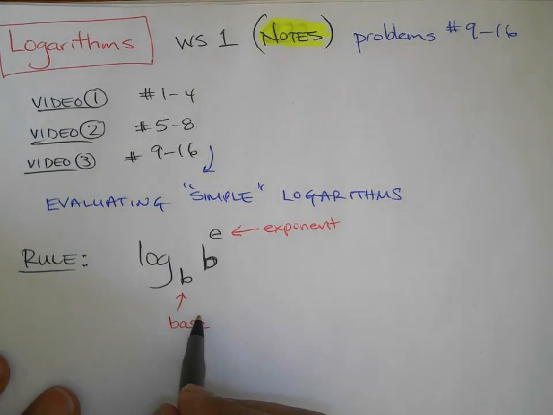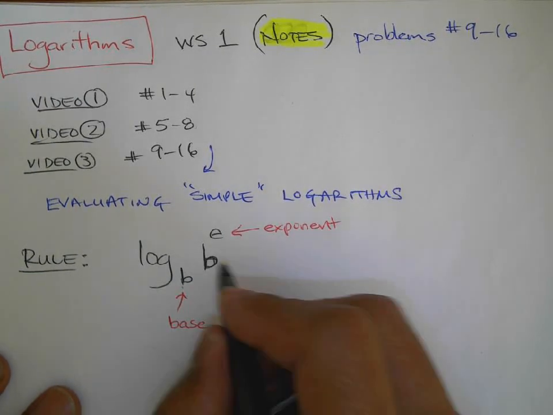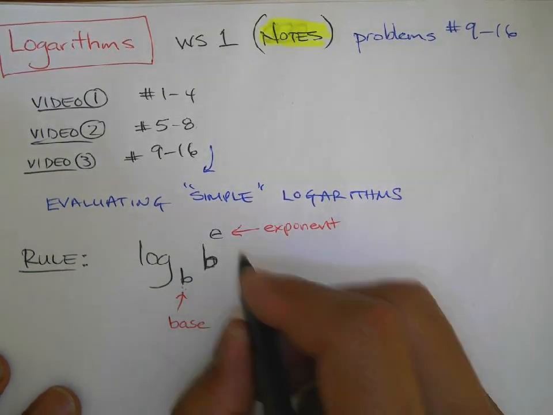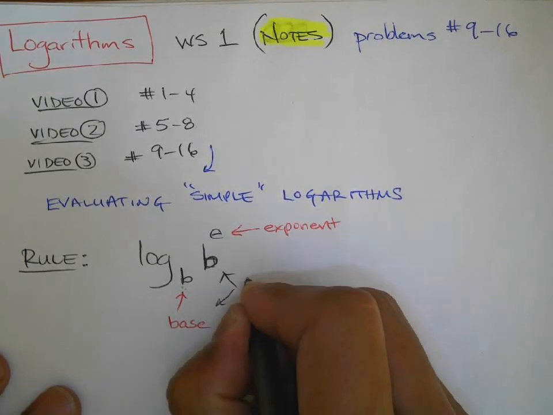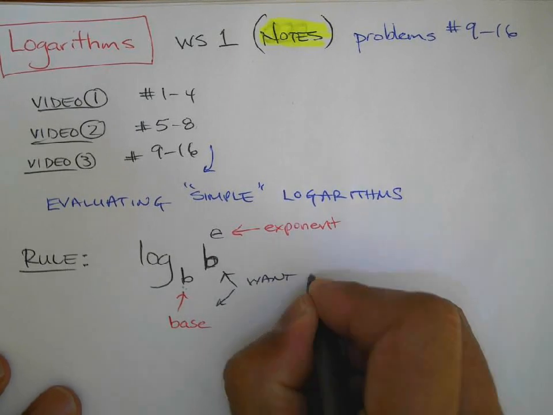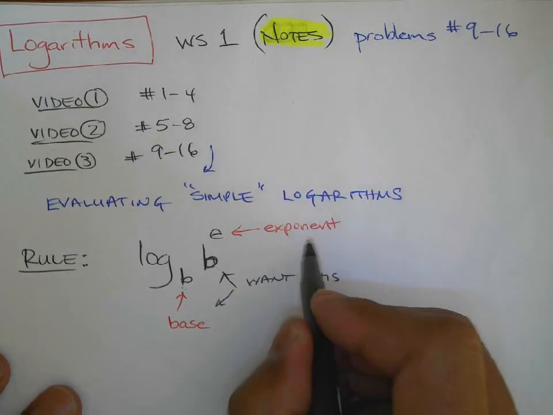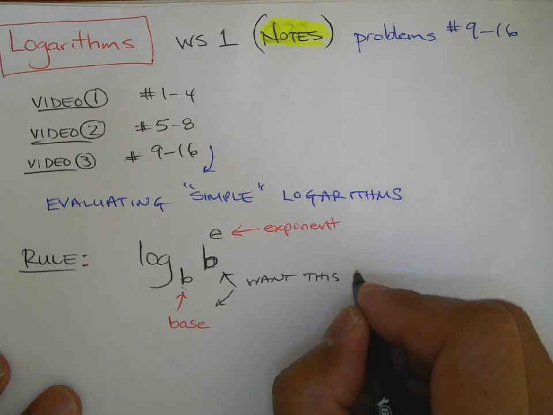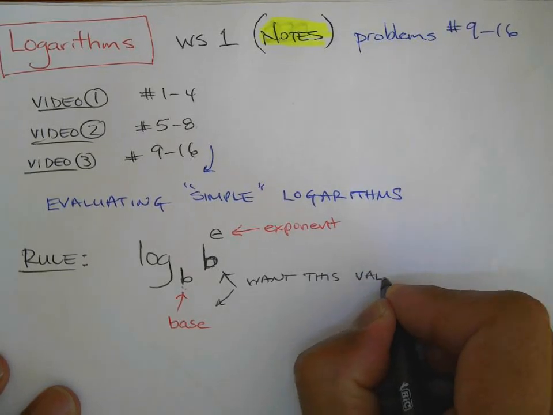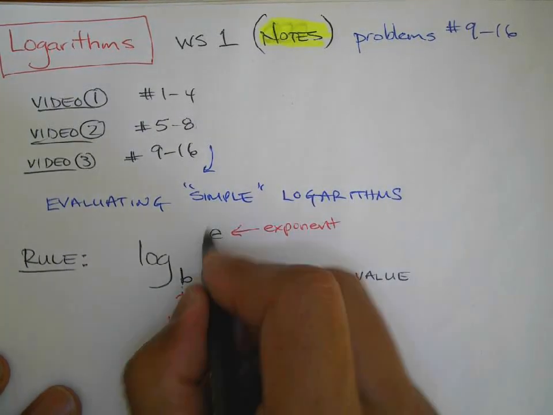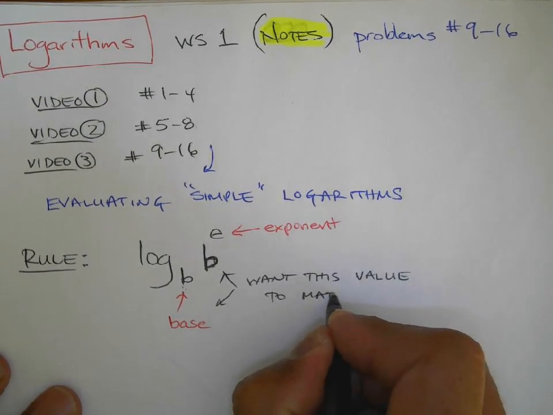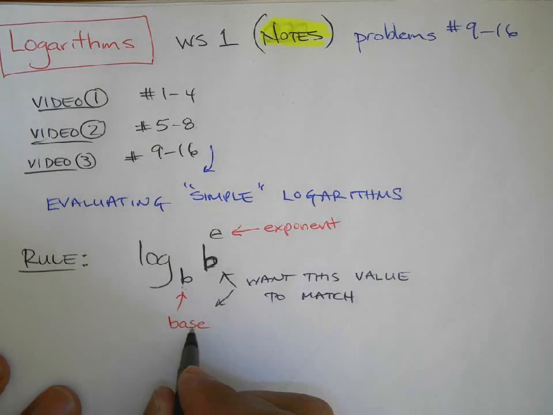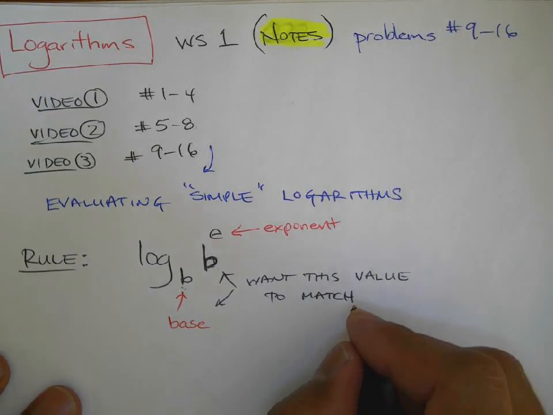This is the ideal case. This is what you want to happen. You want this number here to match the base. We want this value, this b that sits here, to match or be the same as what?